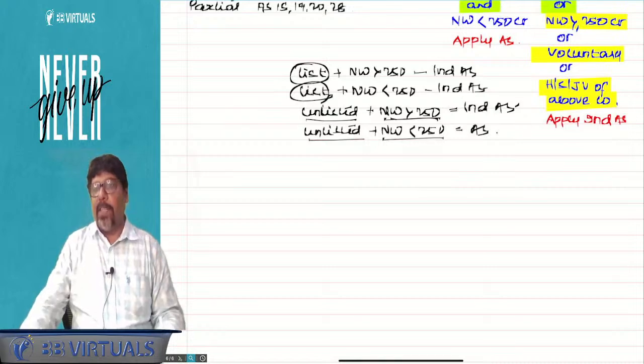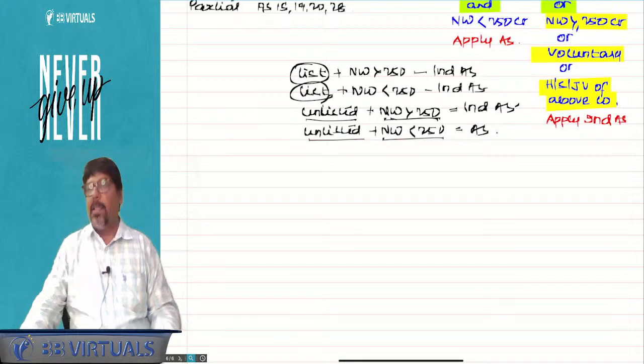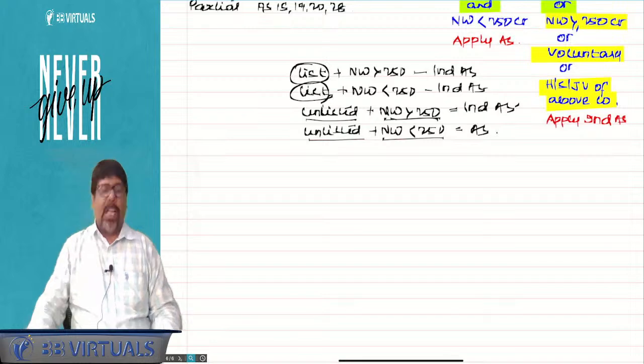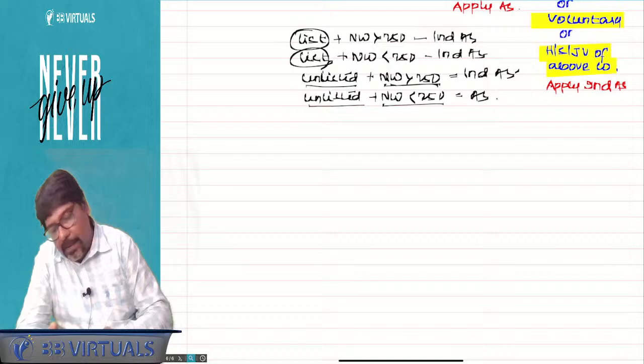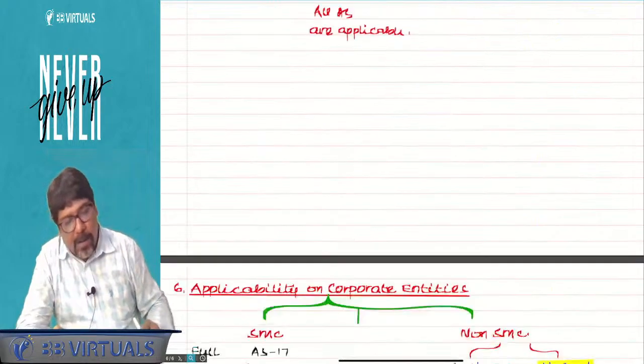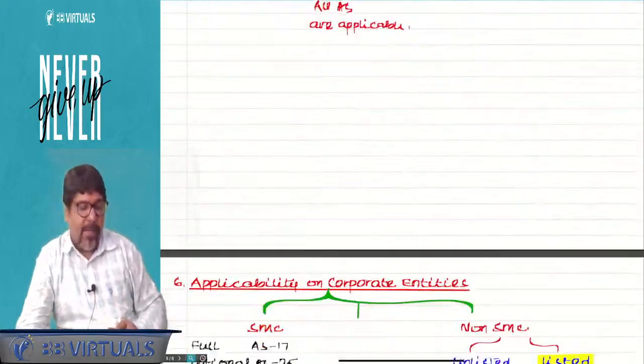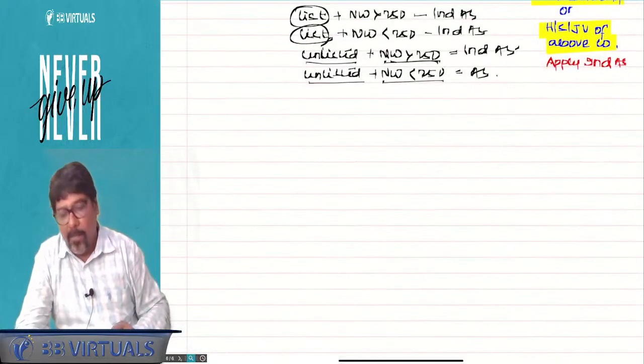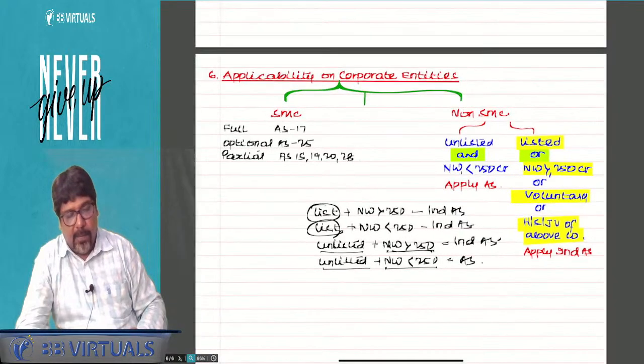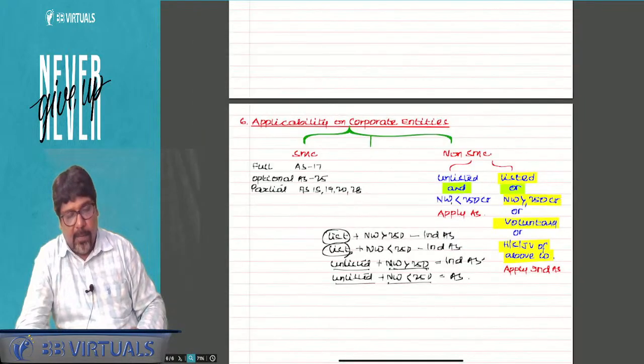So we have done applicability and the last concept, number 5. This is applicability of corporate.